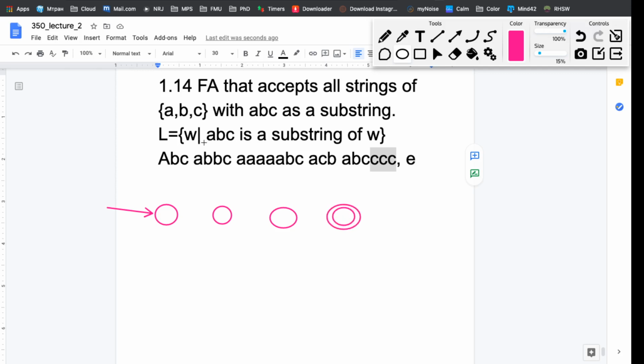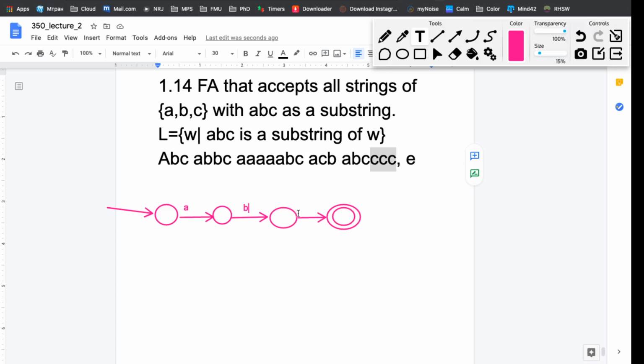Basically, we need to look for this pattern A, B, C, and once we fulfill this pattern, we accept; we succeed. So we can create this pattern like this: from here to here we transition on A, then to here on B, then to here on C, and here we accept.